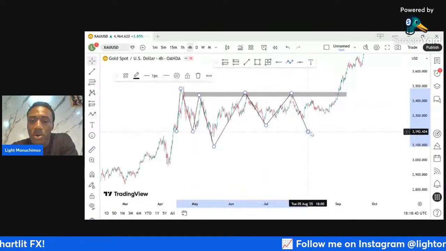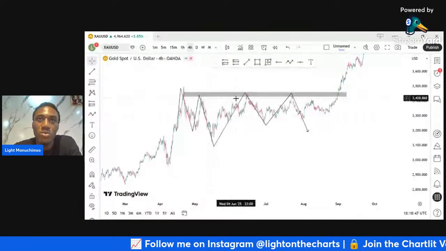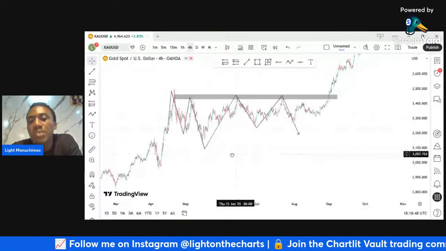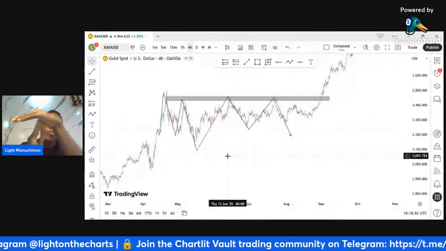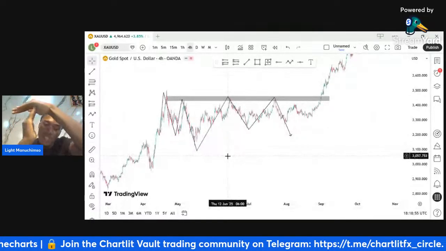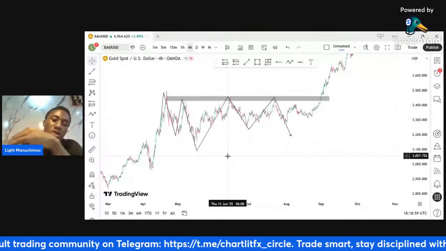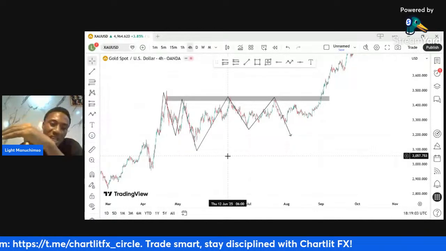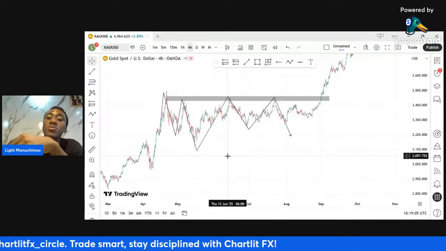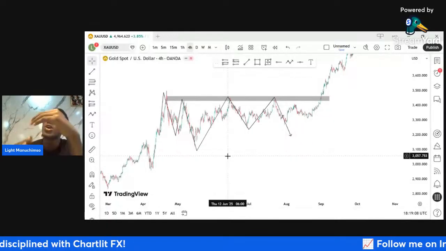One thing about price is that the more it touches a key level, the weaker that key level becomes. You understand? If it hits it the first time, the chance of it breaking through is low. The second time, still low. You hit it again, and the chances of it breaking keep increasing, until finally you bust it.